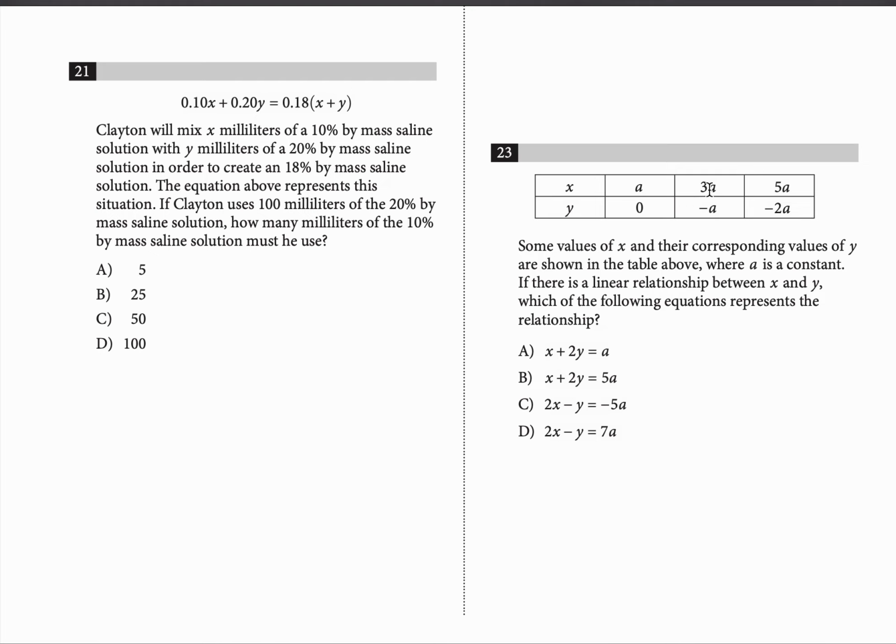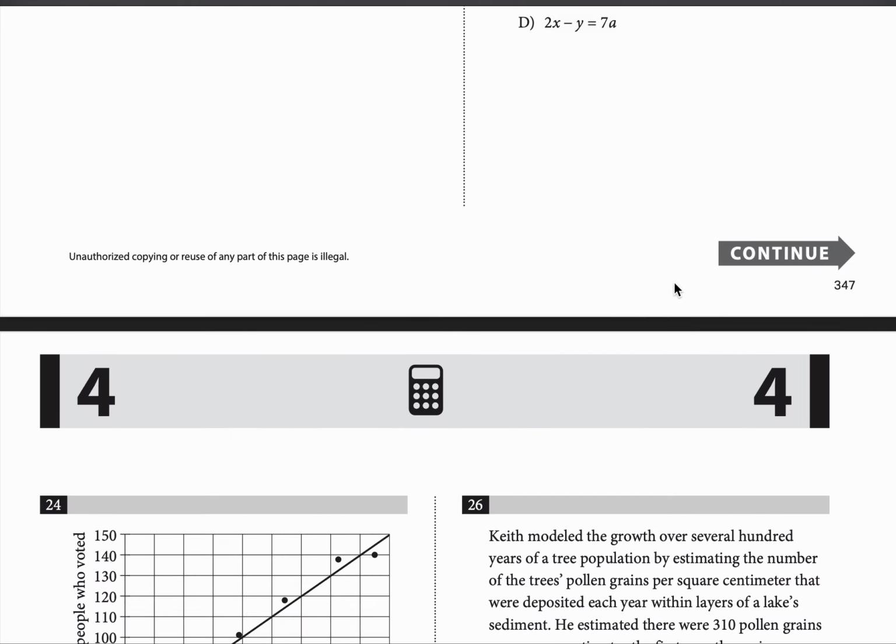And then I think it's worthwhile to confirm just in case we made some mistake. If a is correct, then it'll work for these other ones. So if x is 3a, okay, 3a plus 2 times negative a equals a. So that works. And then I won't even do a last one. Okay, so we've confirmed it. That's good.